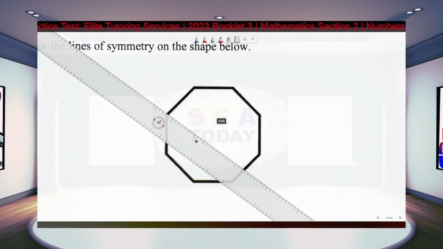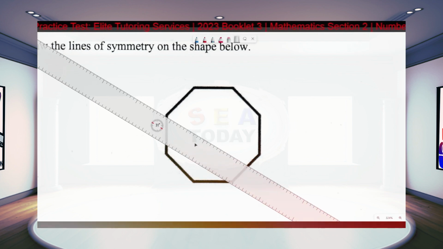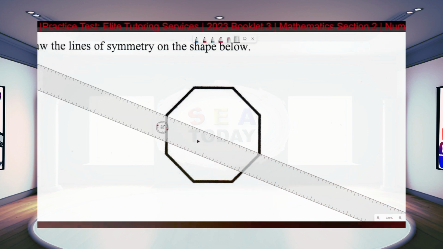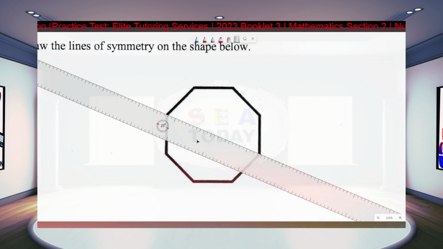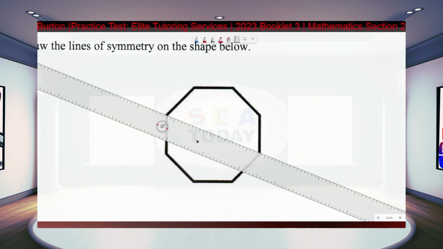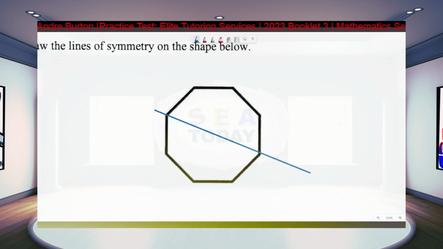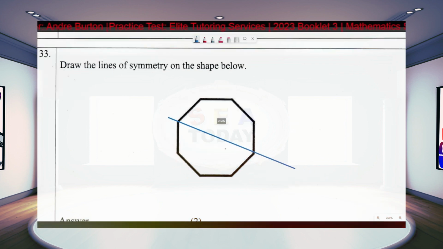vertices of each side that's opposite to each other would give us a line of symmetry. So that's 1. If you look at both sides of the shape here, it is identical on either side.